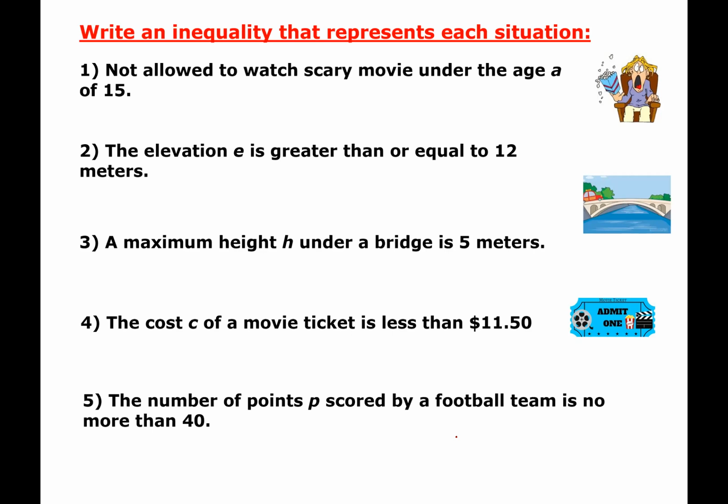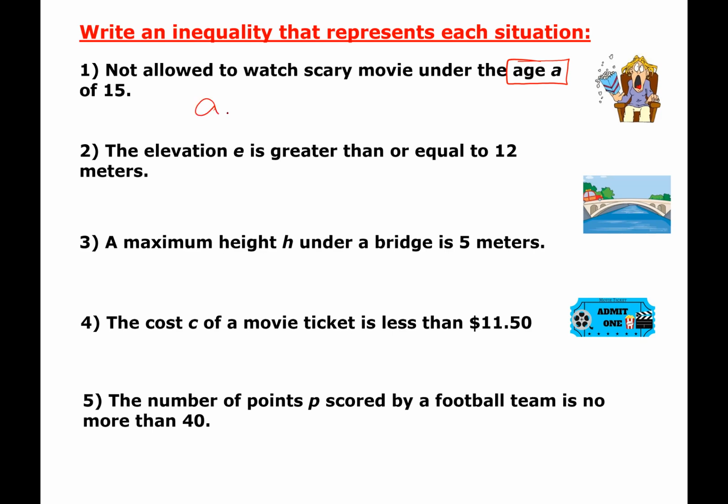Okay, the first situation, it says not allowed to watch scary movies under the age A of 15. In this case, they gave you the variable. So they gave you the variable is the age A. So in this case, you cannot put a variable from your own. You have to put the variable that is given in the question.